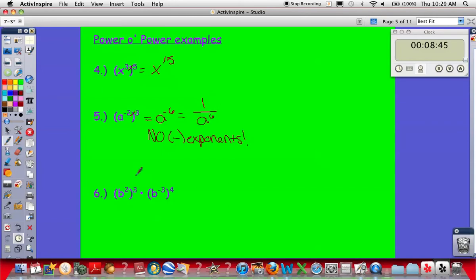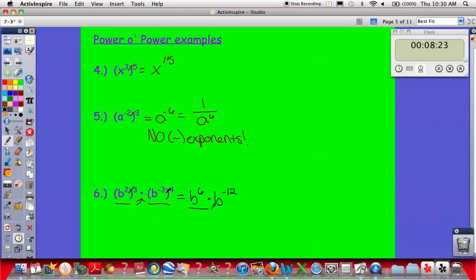Well, now we have a product and power of powers. Let's do our power of powers first. And we're going to get b to the 2 times 3 is 6 times b to the 3 times negative 4, which is negative 12.